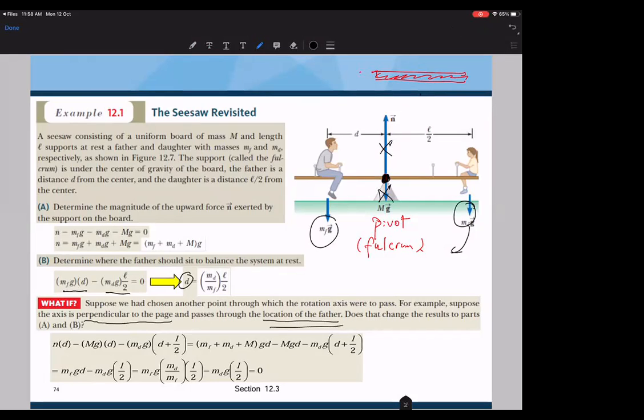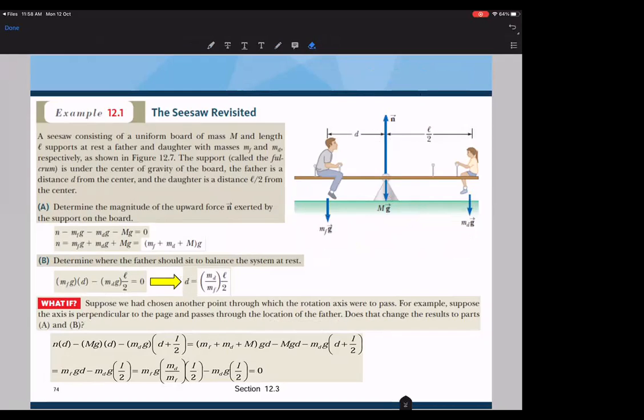So instead of having the torque right at the fulcrum, let us try to do the things in a slightly more complicated way and calculate the torque about the father.